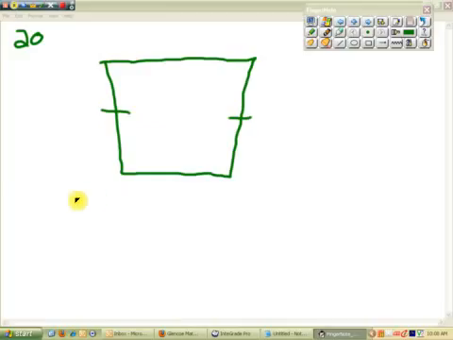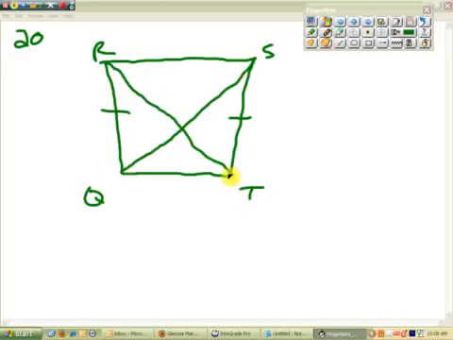And it says Q, R, S, and T. Well, QS is this line and RT is this line. If it's an isosceles trapezoid, those are both equal. So A is one answer.